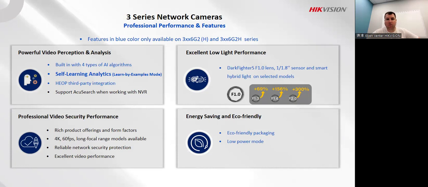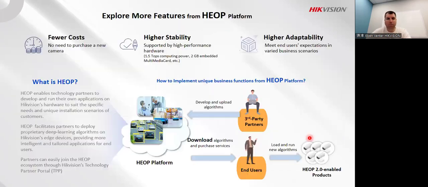We have the Darkfighter S, which has that super large aperture built into it, opening up the F count wider, also providing a better sensor size, 1.8 inch, so a much better environment, 4K resolution, and the new ones will have 60 frames per second. Yes, that is correct. Some of you might be familiar with the normal 20 to 25 frames per second. 60 frames per second on a 3 series is pretty impressive. And then eco-friendly packaging and low power consumption.